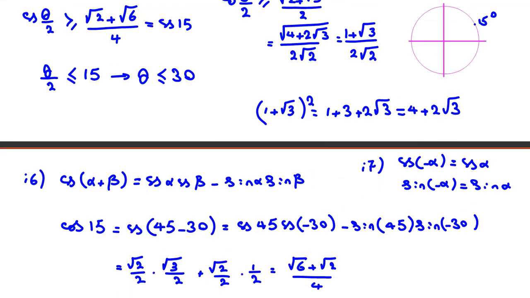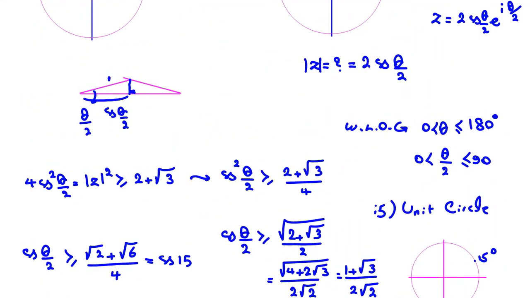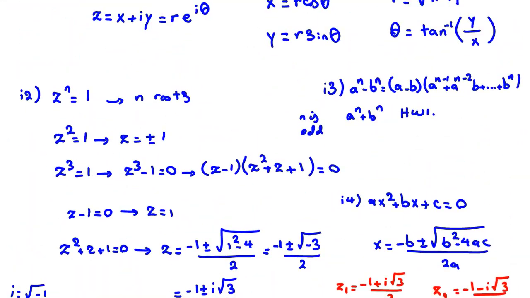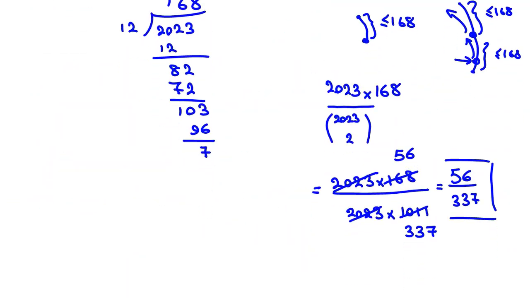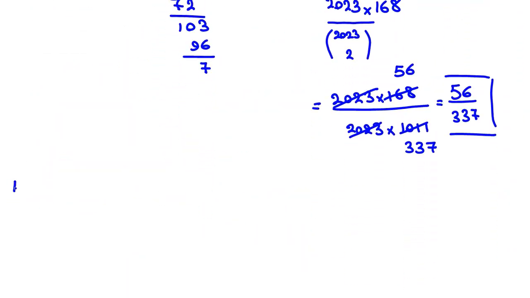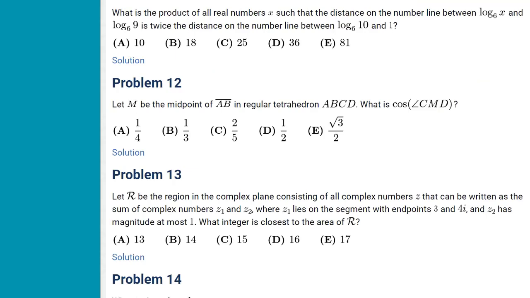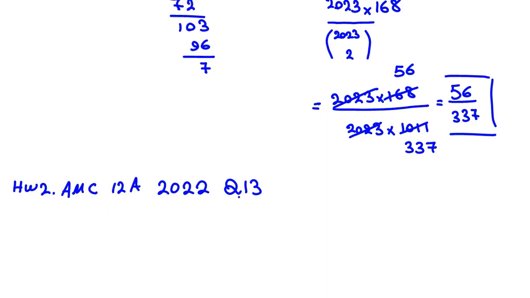We worked on how many ideas? 7 ideas. How many homeworks did we have? Let me tell you some related homeworks to get good at these things. Homework 2. One problem you can solve is problem 13, AMC 12A 2022 Q13.